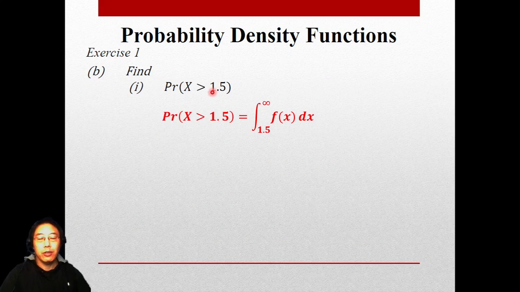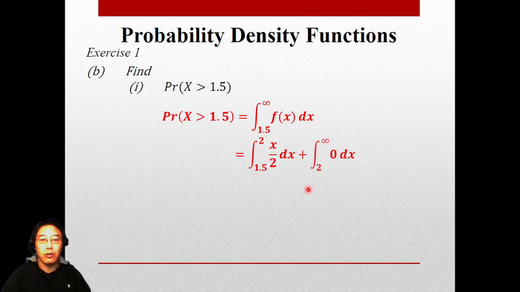Alright, with part B, we need to find the following probability. So we write our integral. Remember, our function becomes 0 after 2, so we can split it into 2. This part is going to be 0. This part we anti-differentiate, we substitute the values and we get our answer in exact form.